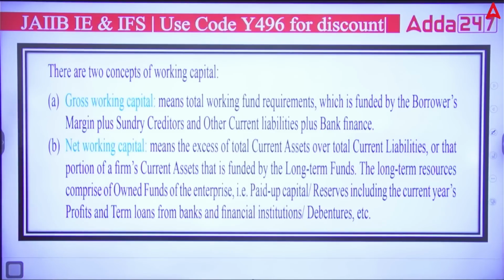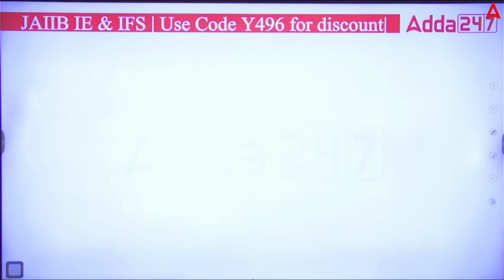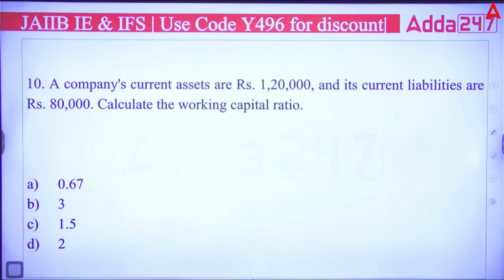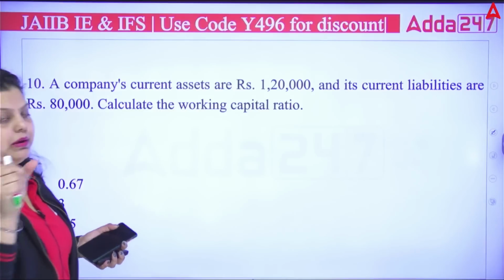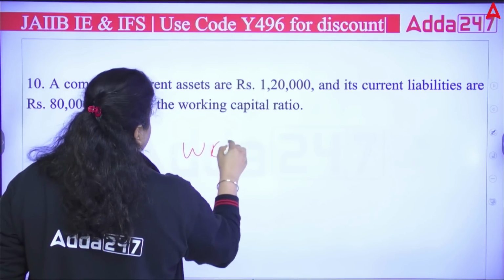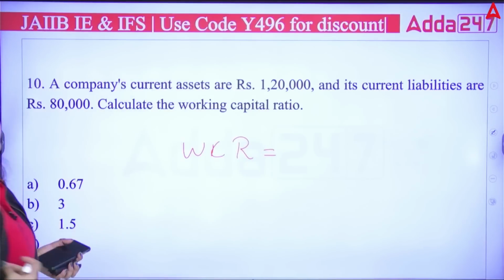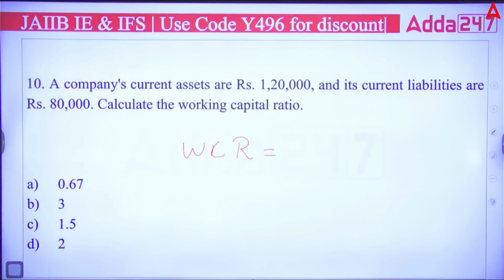So the question on gross working capital and net working capital might be seen like this. A company's current asset is 1,20,000 and its current liability is 80,000. Now you have to calculate the working capital ratio. So how do we calculate the working capital ratio?